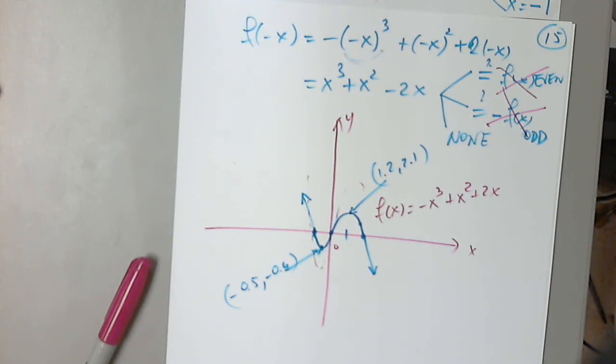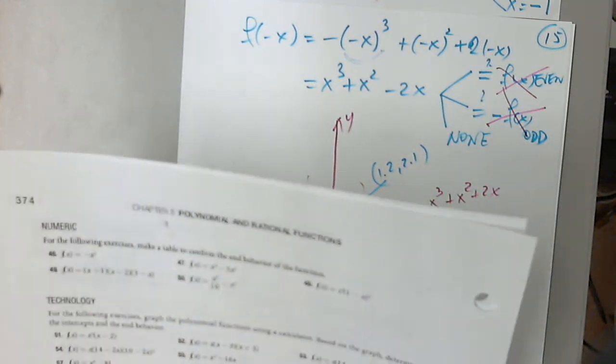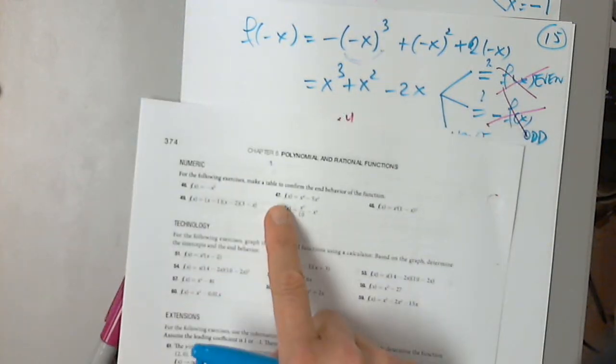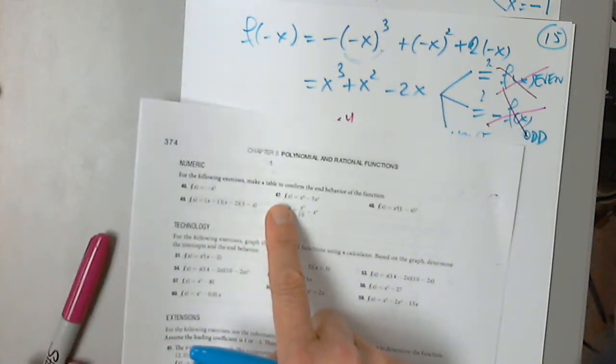Now I would like to choose an even degree function. This one did not have multiplicities. All of them were 1. But I like to choose one with a different situation, like, for example, 47 on page 374.